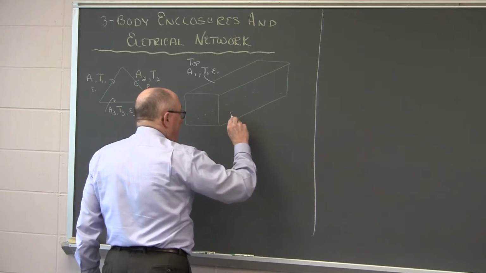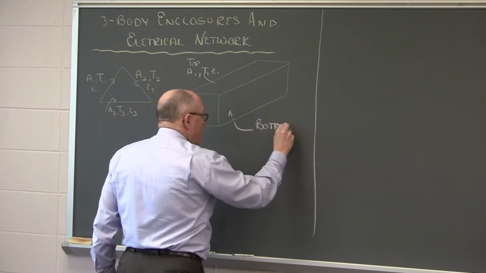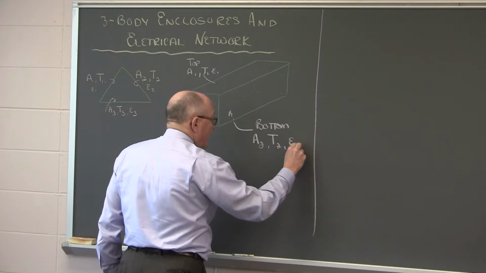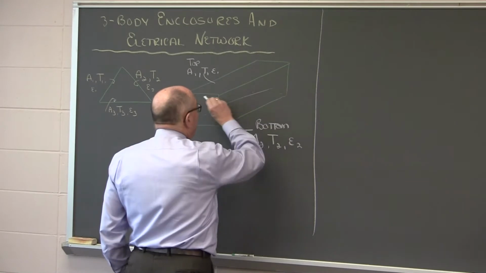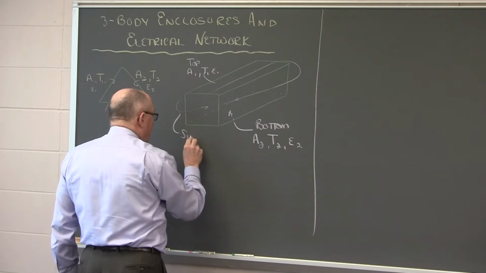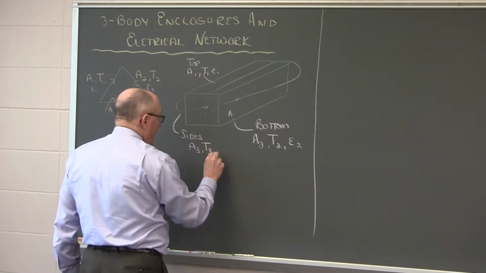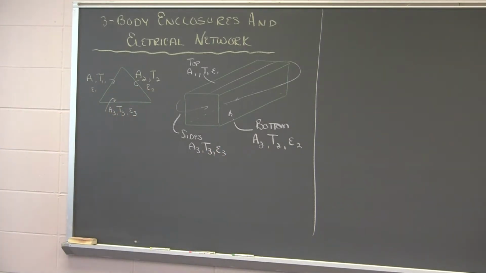The bottom could be A2, T2, and epsilon 2. And then we could just group all three sides together, and the sides could be A3, T3, and epsilon 3. So by being creative, we can come up with different ways of reducing a problem which might look more complicated on its surface to a three-body problem.